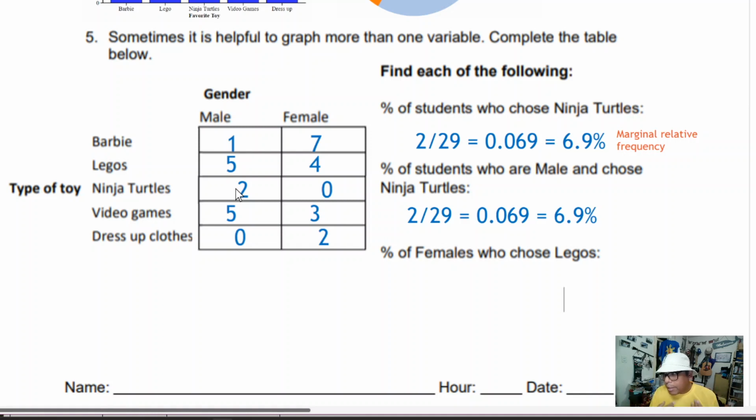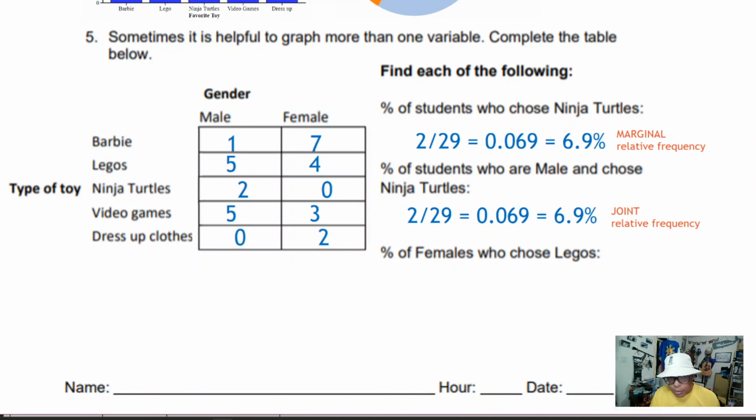So when we're looking at the combination of 2 different categories, we would call that a joint relative frequency. So both categories working together to get that single percentage is a joint relative frequency.